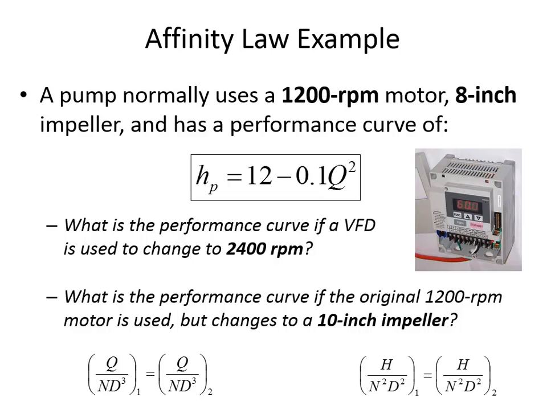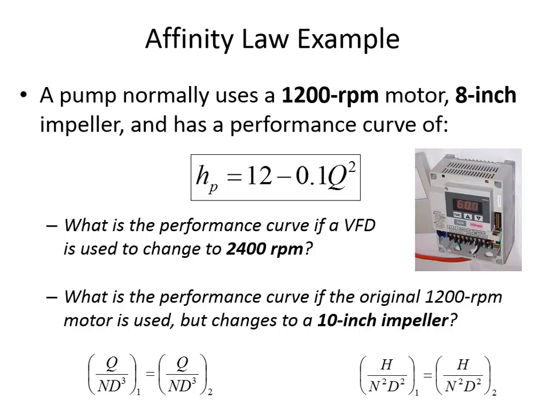And now, making the substitutions here, we have that H1 is 8 inches squared divided by 10 inches squared times H2. So H1 is 0.64 times H2.